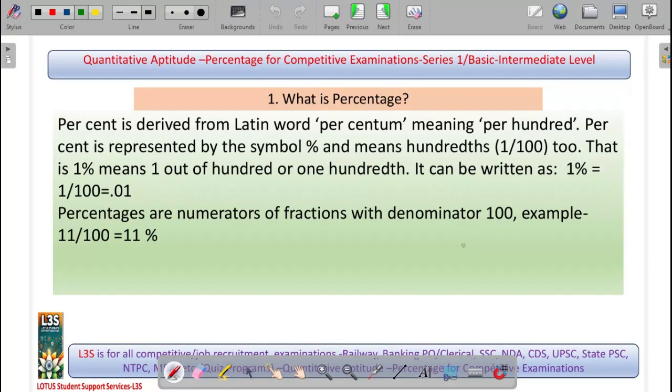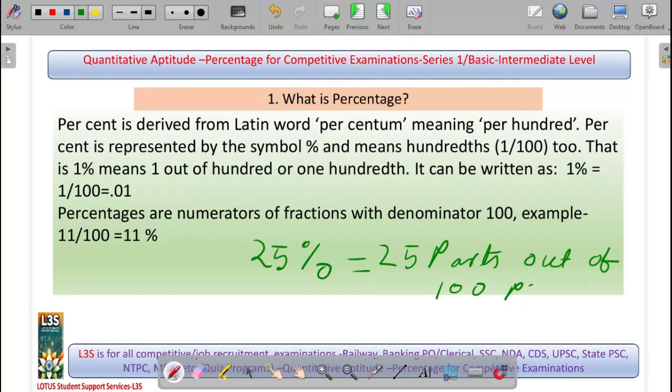So when we say 25%, that means we can say 25 parts out of 100 parts. That means 25 by 100, 25 parts out of 100 parts. And now we must remember, when the percent sign is there, that means 1 by 100.